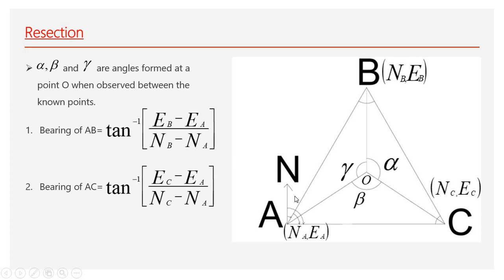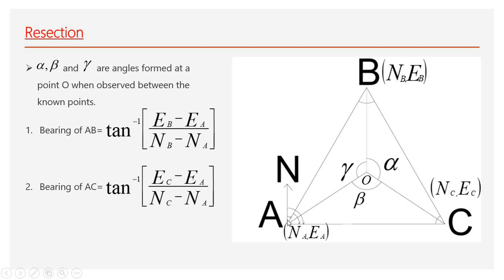As I know all three coordinates, I can directly use the coordinates for calculating the bearing. So bearing of AB equals tan inverse of easting by northing, that is tan inverse of easting of B minus easting of A divided by northing of B minus northing of A.